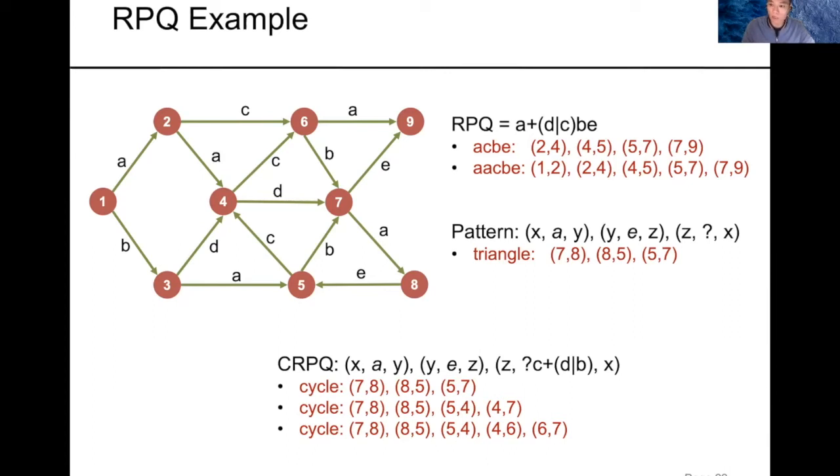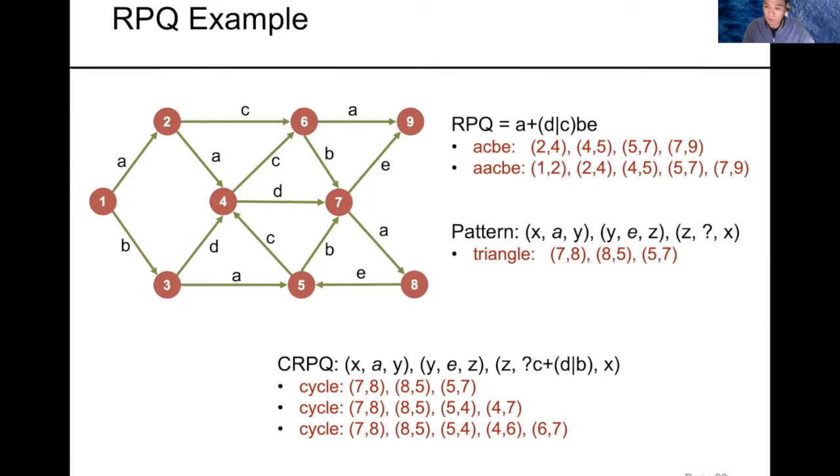So here we have a conjunctive regular path query, and actually it is asking for a cycle where the edge between x, y is labeled with A, and the edge from y to z is labeled with E, and there is a path from vertex z to vertex x following a regular path, C plus followed by D or B. So there are three cycles matching the conjunctive regular path query.